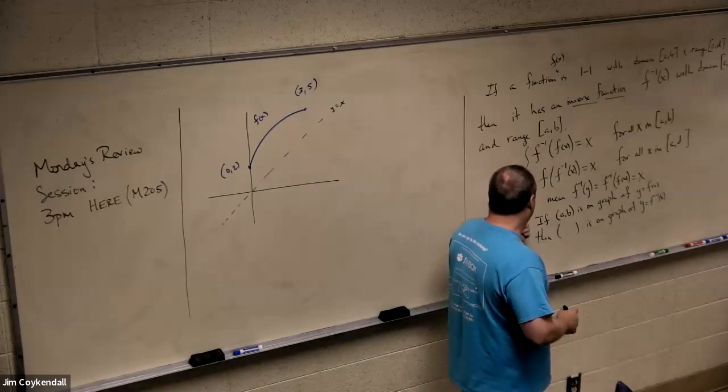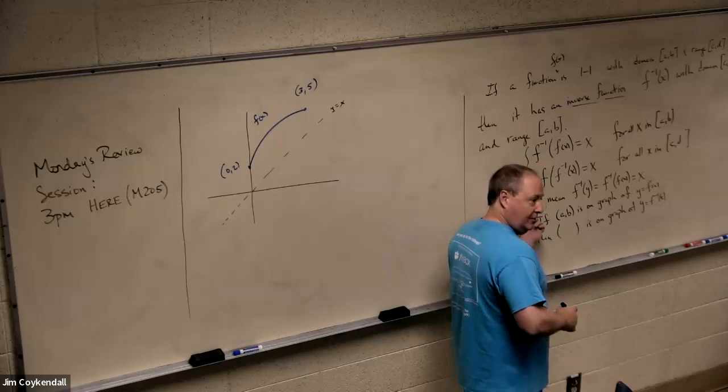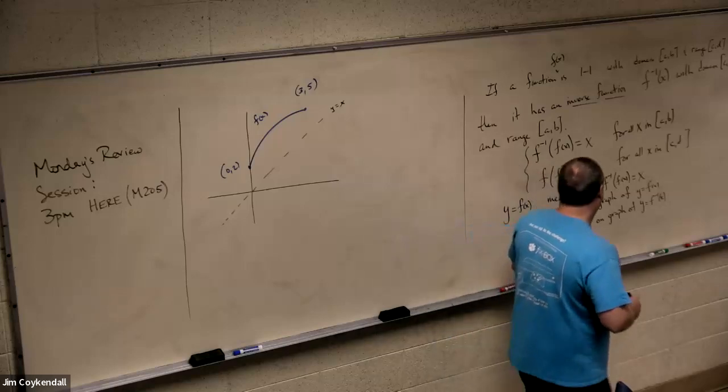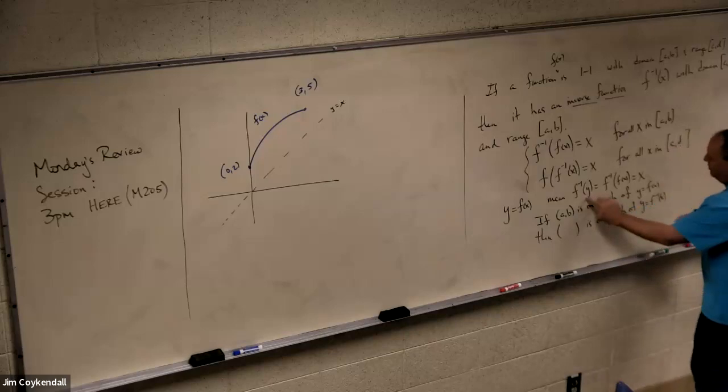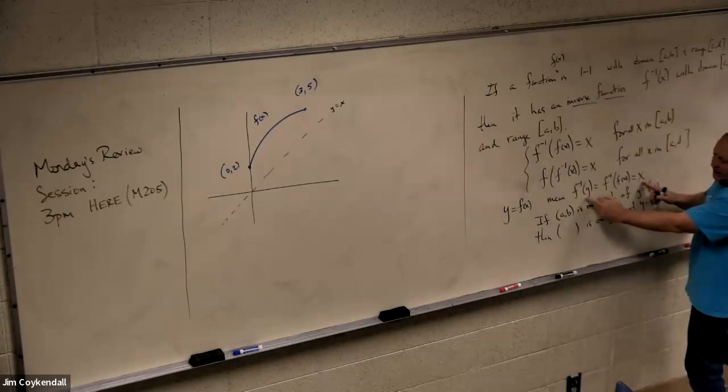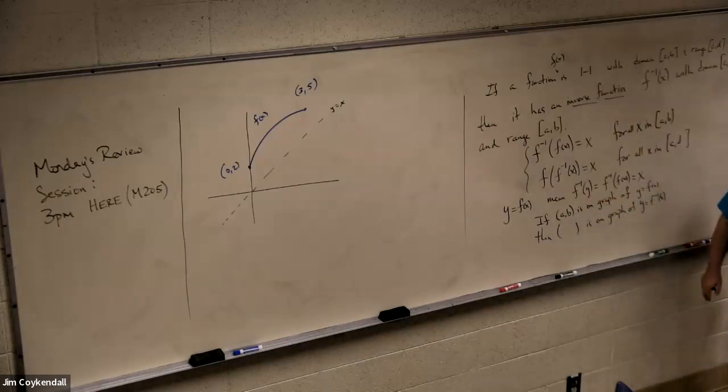If this is B and x is A, that means A, B is on the graph of f. But now this is B and this is A. That means B, A is on the graph of f inverse.